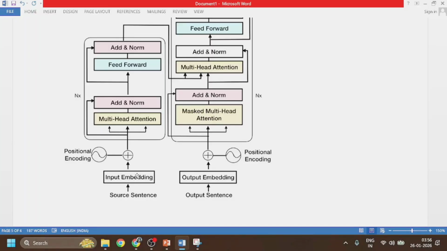After embedding you add the positional encoding so that it maintains the order of the words. Since the transformer processes all the tokens at once, it needs positional information. So we add positional encoding to the embedding to tell the model the order of the words. This combined representation goes into the encoder stack.